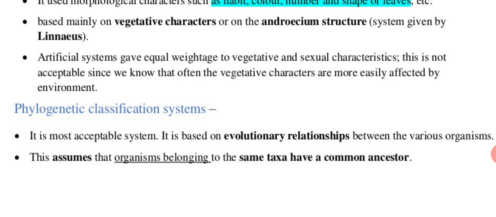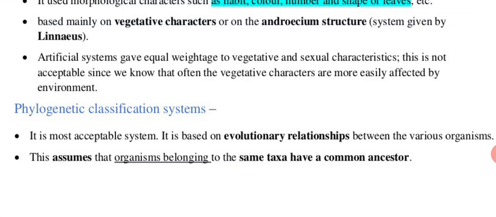So this assumes that the organisms belonging to the same taxa have a common ancestor. That means if we know two families, then we are able to relate the parents or the source of origin of a particular plant.